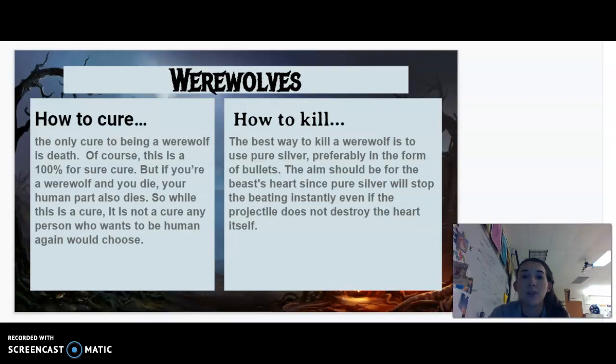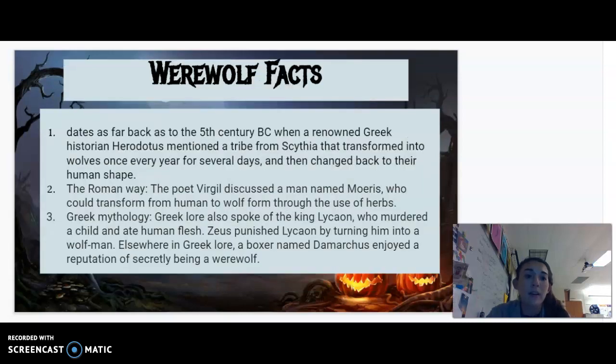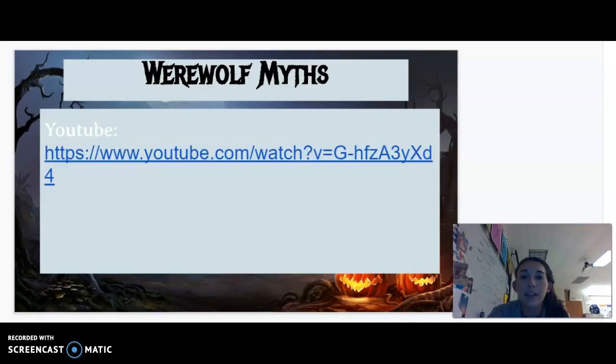I give you a little bit of an idea of how to cure them, even though it's really not possible, and more likely you will probably have to kill them, which is unfortunate. I have a nice slide of some werewolf facts. And then I have a link to a YouTube myth about werewolves, where they came from, why exactly people are so scared of them, how they came to exist in our understanding, those kinds of things.